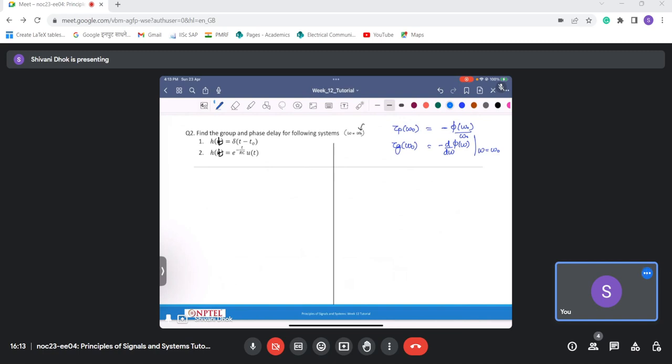So let's start with the first one. So this h(t) is delta of t minus t naught. So the Fourier transform of this will be H of omega. This is continuous time Fourier transform. It will be e power minus j omega t naught.